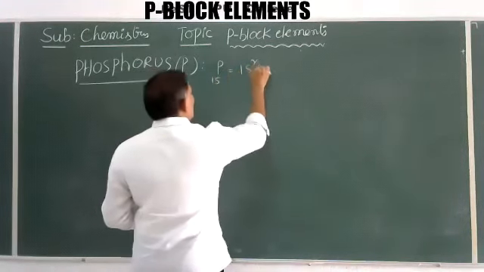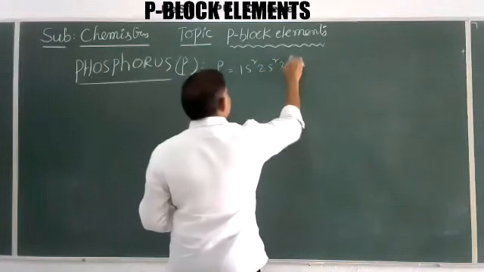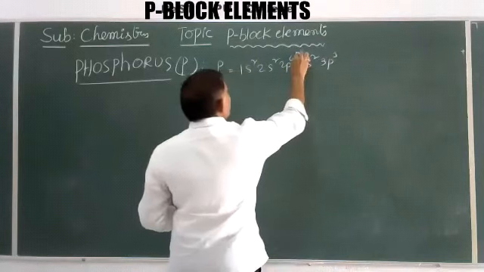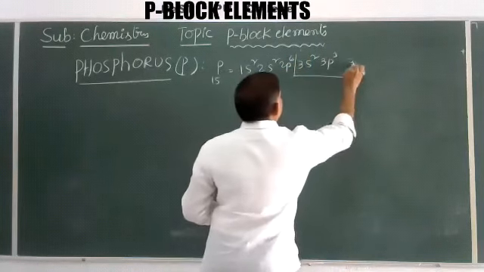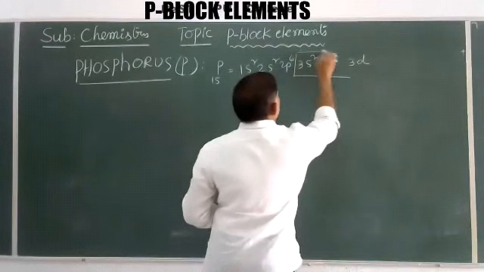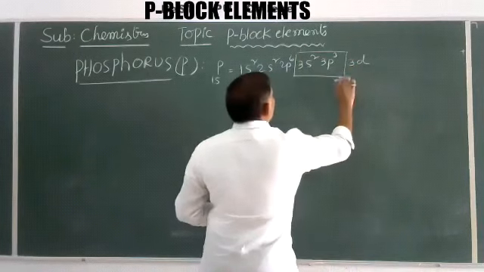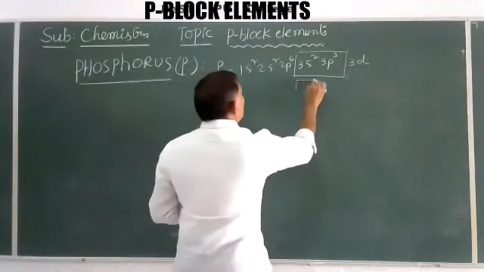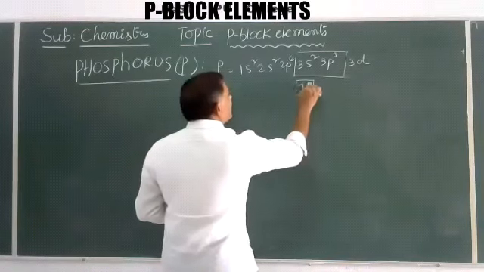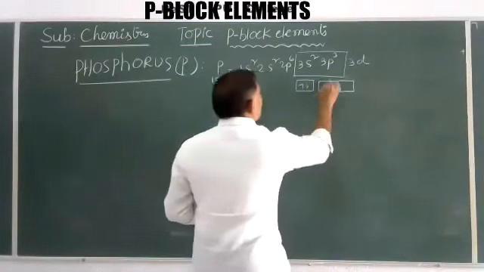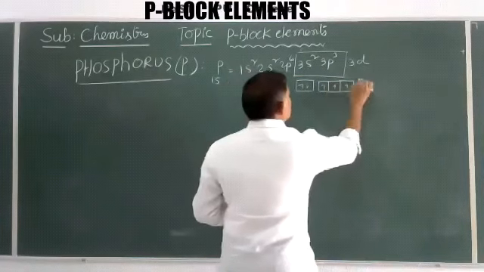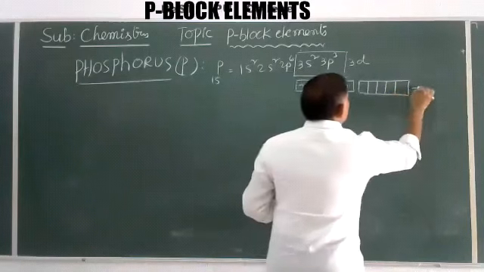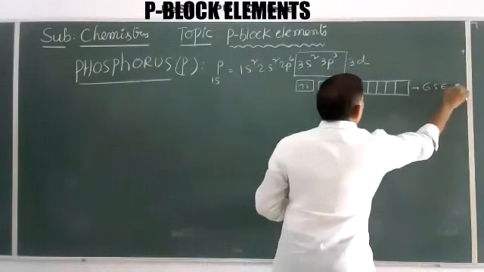Electronic configuration is 1s2, 2s2, 2p6, 3s2 and 3p3, and in its outermost shell there is a vacant d orbital. That's why phosphorus shows some different properties from nitrogen. In its outermost shell, 3s is paired and 3p is unpaired, and 3d orbitals are vacant. This is the ground state electronic configuration.